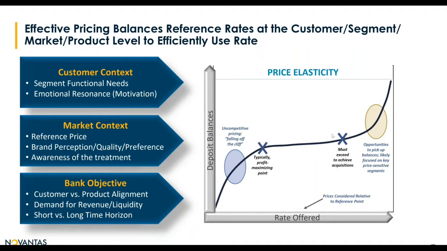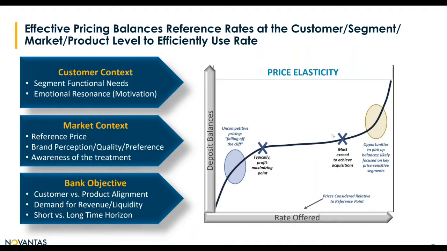What we find is pricing is extraordinarily important, and whether we like it or not, consumers are naturally price analysts in terms of they concoct in their heads the concept of a reference rate, which is, hey, I've seen a rate out there, and I heard that Chase or a bank is offering 2.5%, so that when I look at offers from the bank that I bank with and it comes out at 150 basis points or 1.5%, all of a sudden that does not look as attractive.